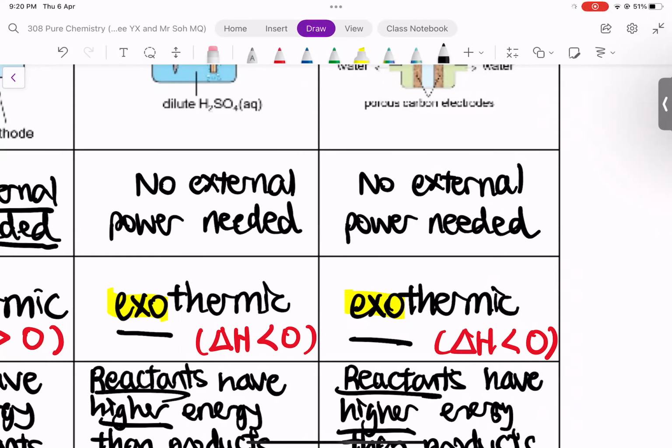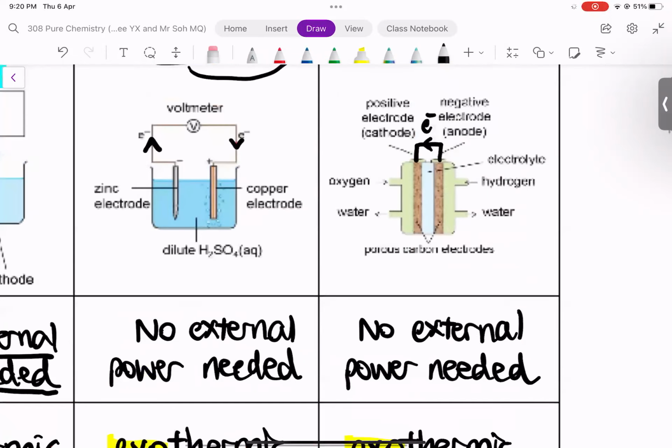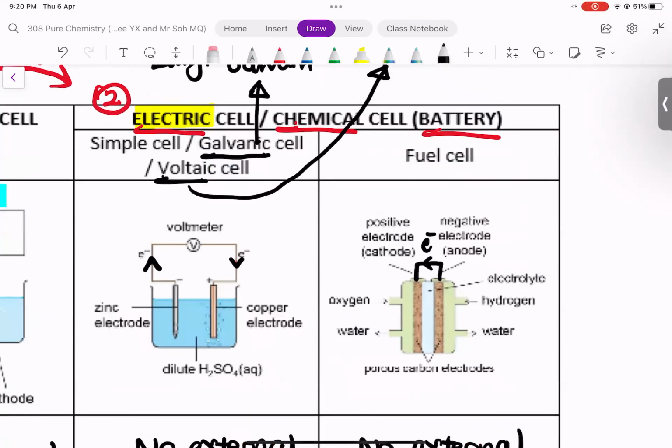Okay? And this is why electrochemistry, electric cells are smart. They are a good invention because you have now managed to harness the energy as electrical energy so that you can make full use of it. If it's released as heat, very often that is not very useful, right?